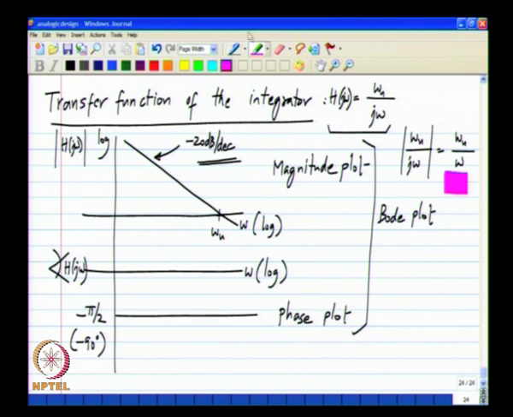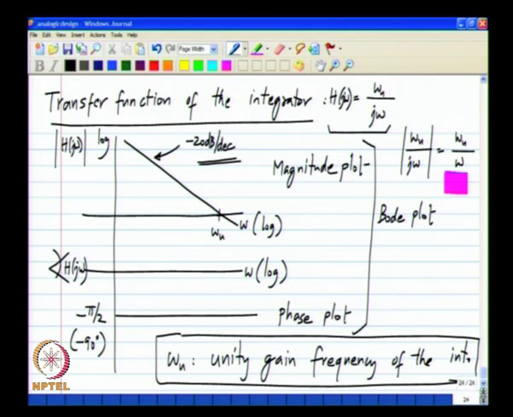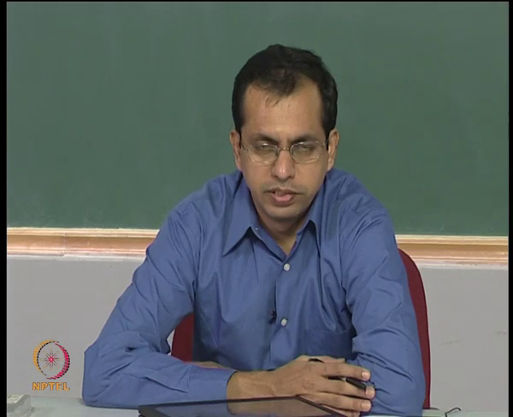So, this is what the transfer function of the integrator itself looks like, and like I mentioned, omega u is the unity gain frequency of the integrator. This will be a crucial parameter that will govern the behavior of the negative feedback system that we build using this integrator.